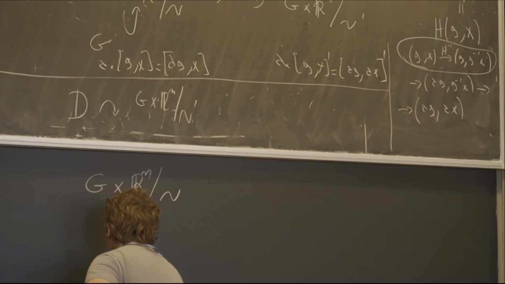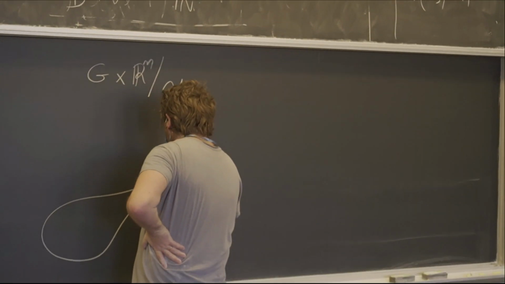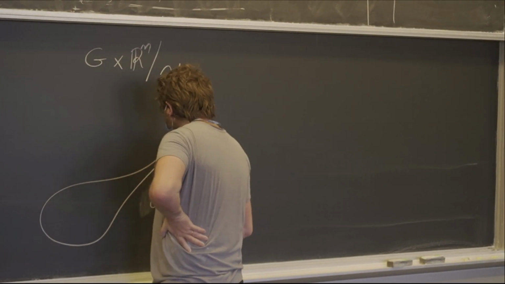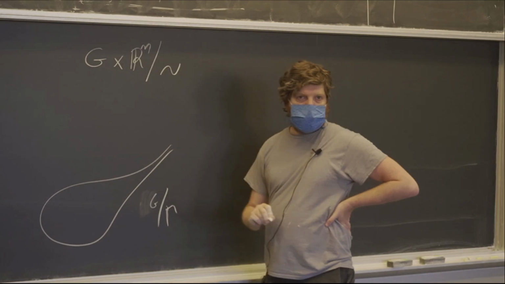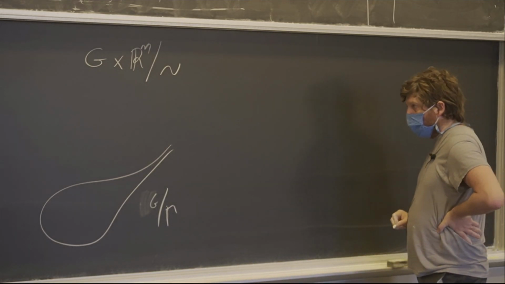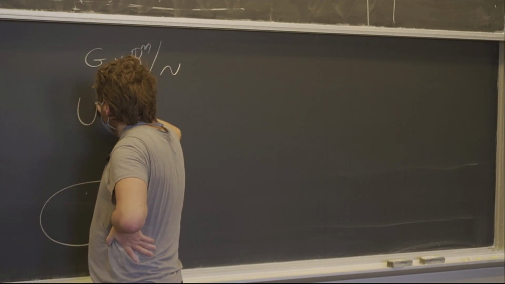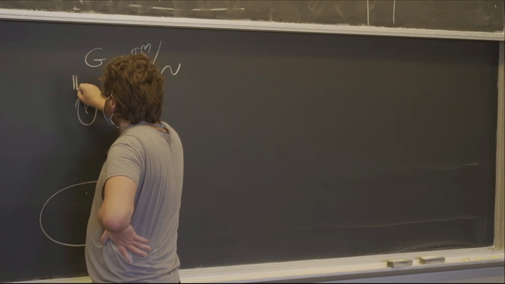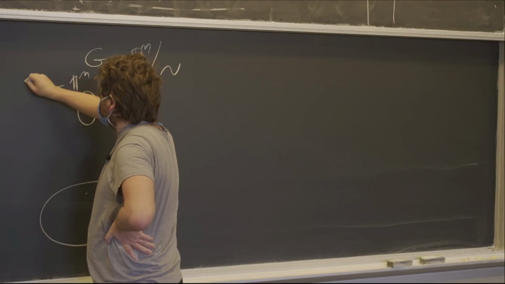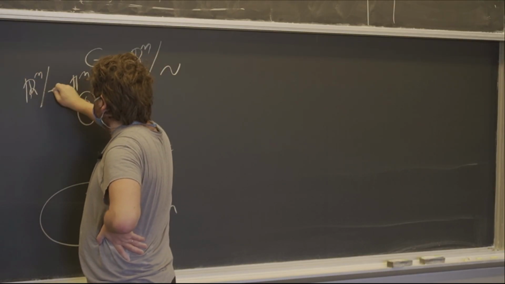So you have your G mod gamma in the base, which will have cusps and is not compact, whatever it is. And then over each of these points, you have a torus Tn. Very beautiful and round, because this torus Tn is Rn mod Zn.